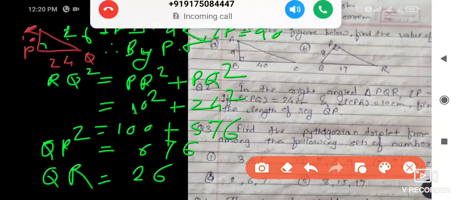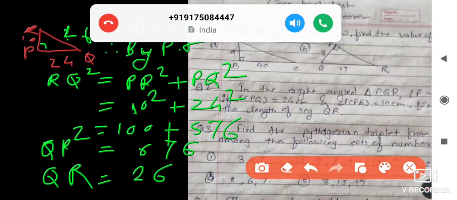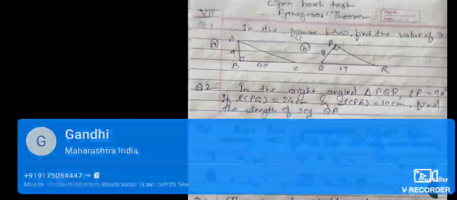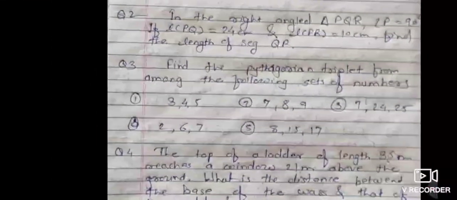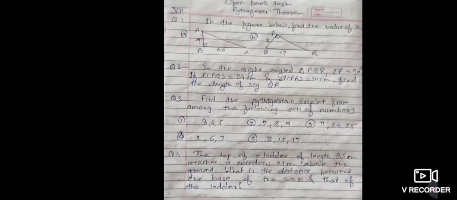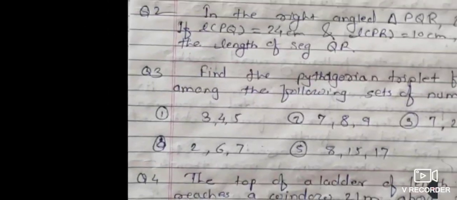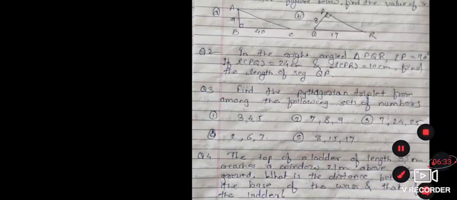Now the third question: find the Pythagorean triplet. As I told you, if the hypotenuse square, meaning the bigger side square, is equal to the sum of the squares of the remaining sides, then the given triplet is a Pythagorean triplet.